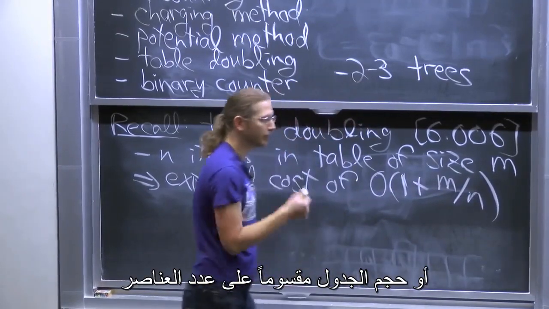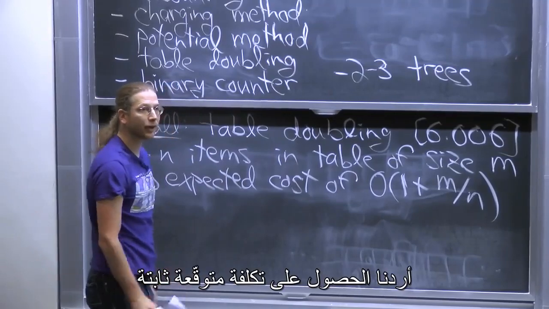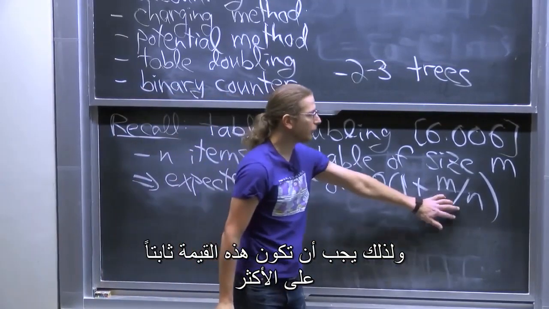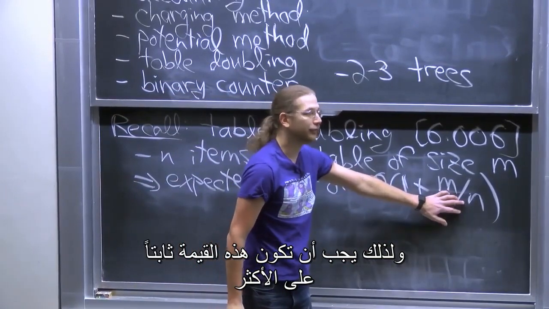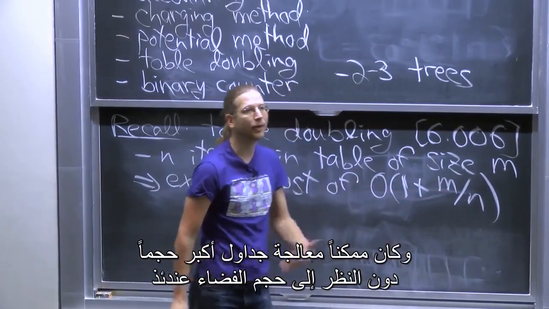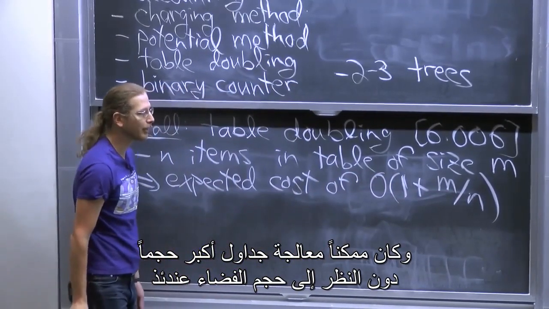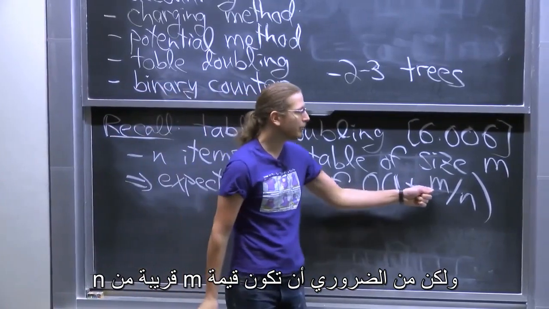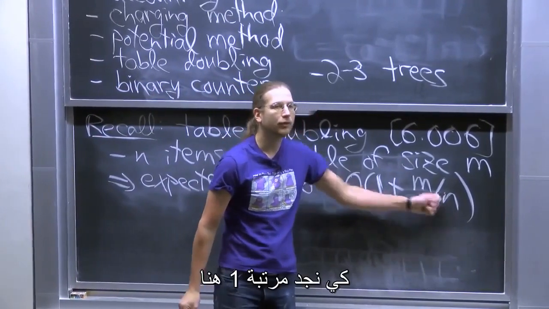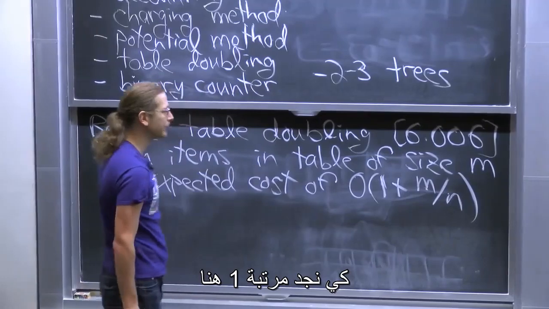So we wanted to get constant expected cost, and so we wanted this to always be at most a constant. I guess we could handle a larger table size, although then we are unhappy about our space. But we definitely want m to be at least around n so that this works out to order 1.